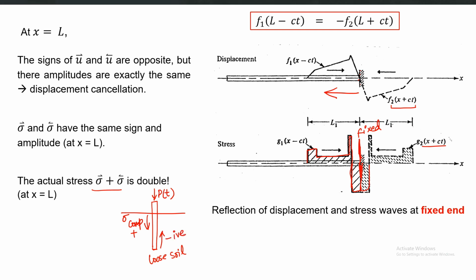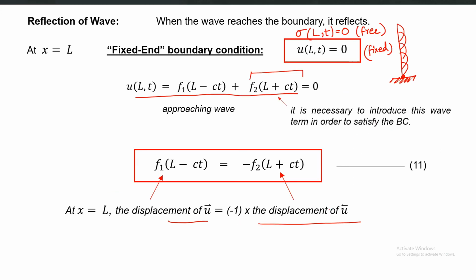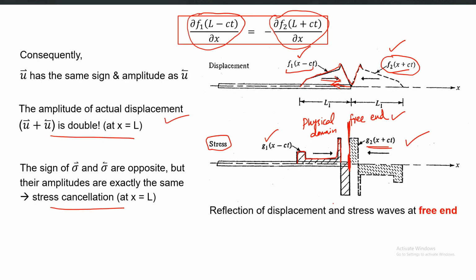Let me go back and show you, because they change their direction in the free case. So an important point here is that, for example, if this is the compression stress, the reflection will be tension. This is the reflection which is tension, and that is in the case of the free end boundary condition.